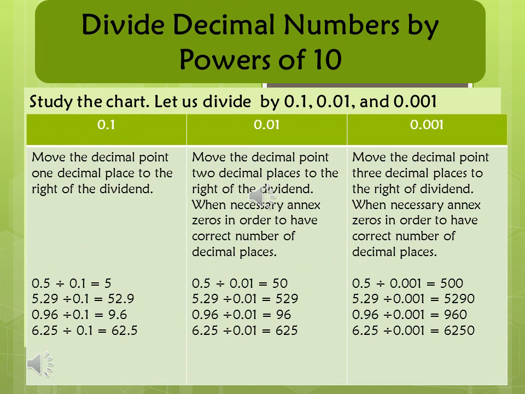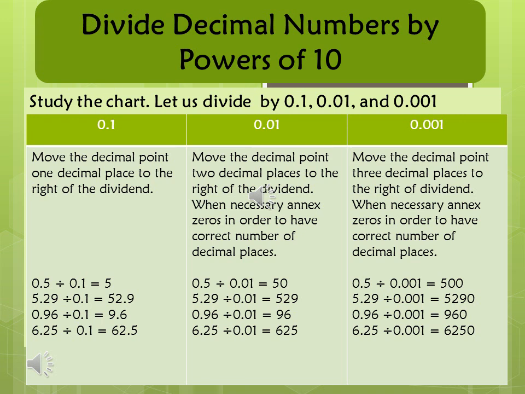Another lesson sa week 7 is about divide decimal numbers by powers of 10. Study the chart. Let us divide by 1/10, 100, and 1,000. Paano mag-divide by 1/10? Ang gagawin nyo, move the decimal point 1 decimal place to the right of the dividend.